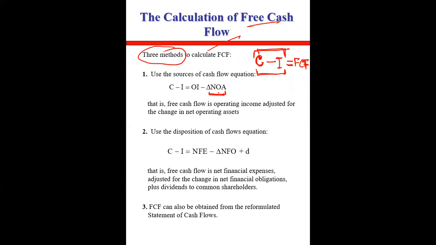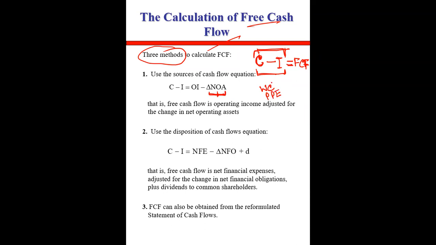Can you recall what is included in the operating asset? In our definition of the reformulated balance sheet, we include some working capital items, we include PPE items.